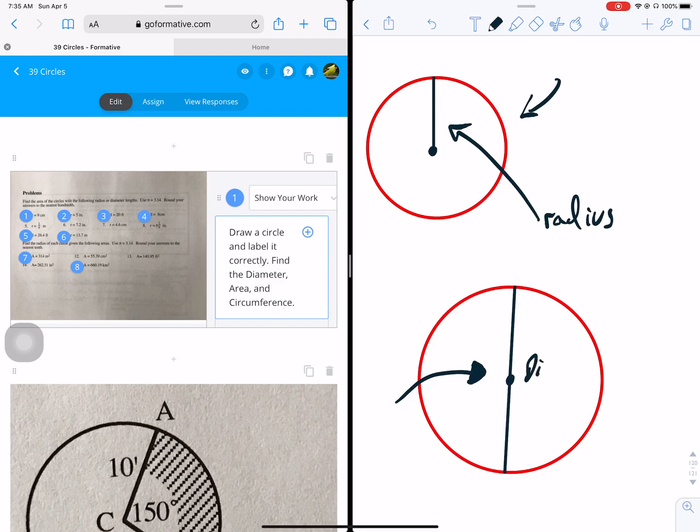Sometimes we need to know the entire length, the diameter. The part around the perimeter, we don't actually call the perimeter of a circle. We want to say circumference.